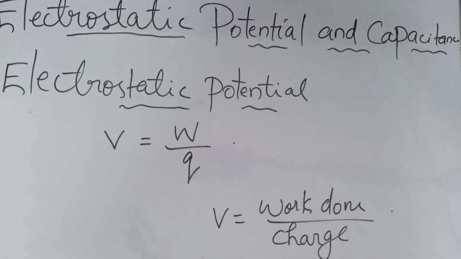Dealing with the electric field was a little bit difficult, right? Because there were direction as well as magnitude. And in this case it will be easier to study, because here we are studying only scalar quantities. That is, electrostatic potential is a scalar quantity.